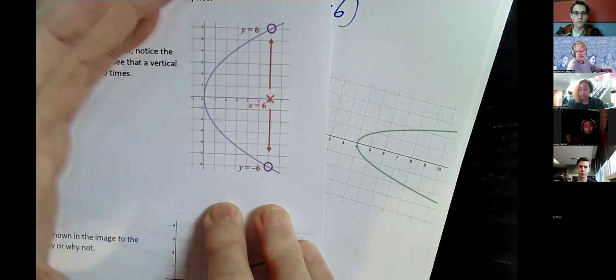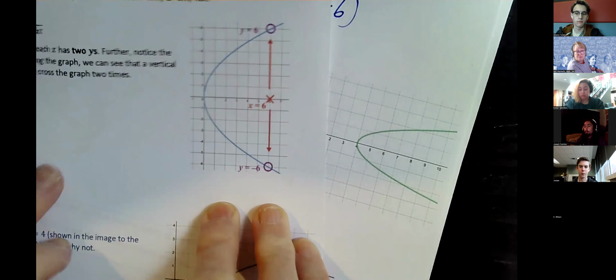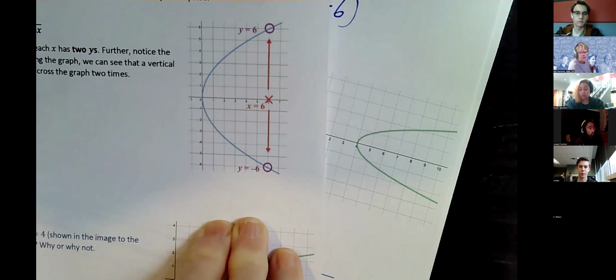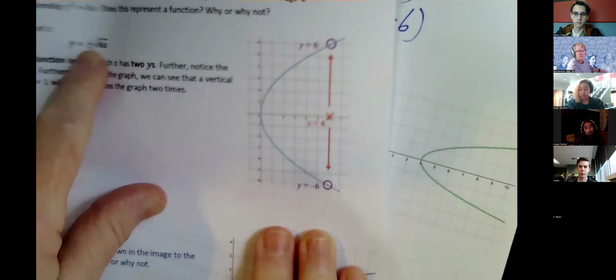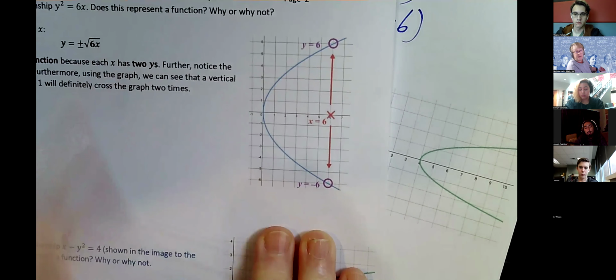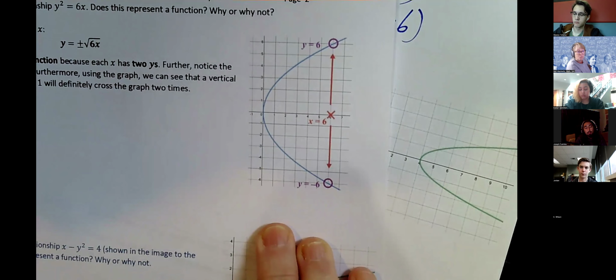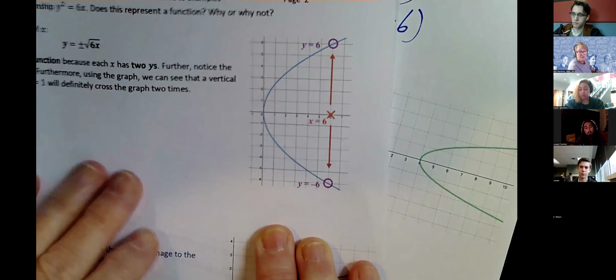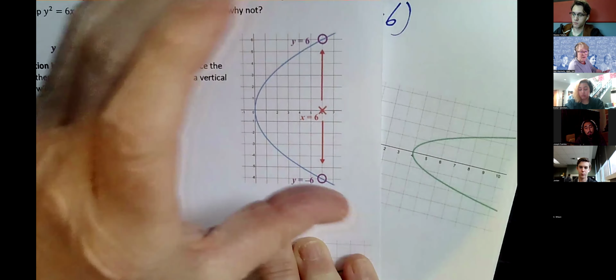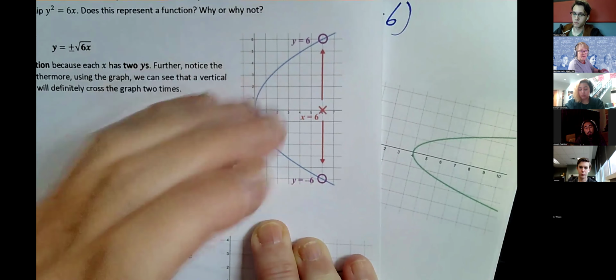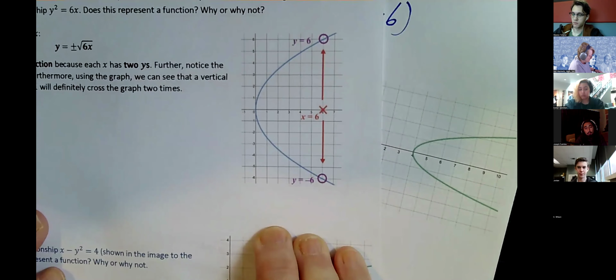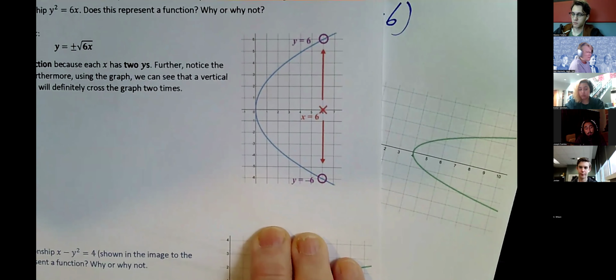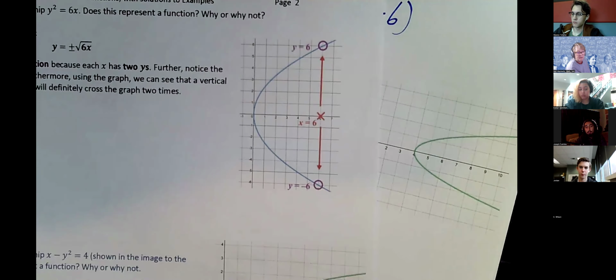And in fact, this thing is like a parabola on its side. Definitely not a function, but we have several different connections. We've got the plus or minus that gives us a really strong idea that 1 x gives us 2 y's. We have a parabola on its side, so we can see the vertical line test is going to fail. Just a lot of connection.